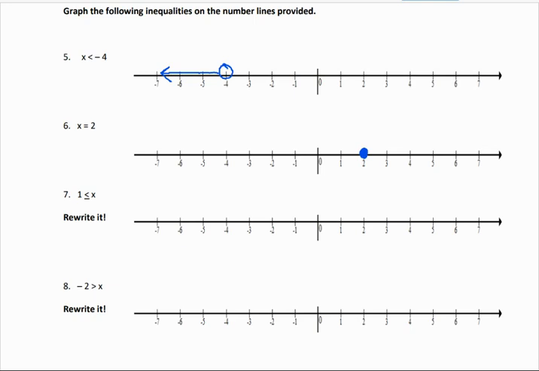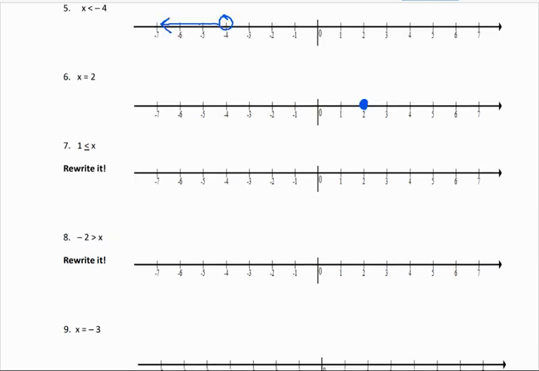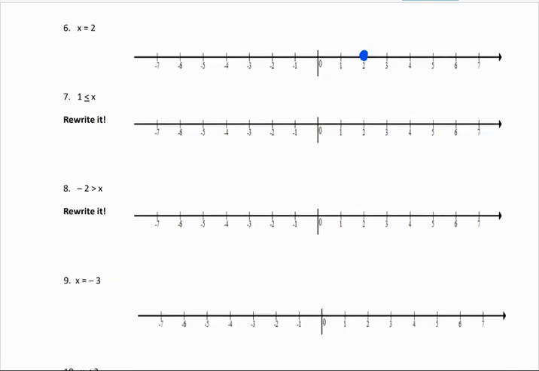Alrighty, so I said just to go up to 6 because I want to make sure we're clear with 7 and 8. And notice 7 and 8 say rewrite it. Why does it say rewrite it? Because we always want our variable on the left. So here's what you do to rewrite, and I hope you're all paying attention right now.